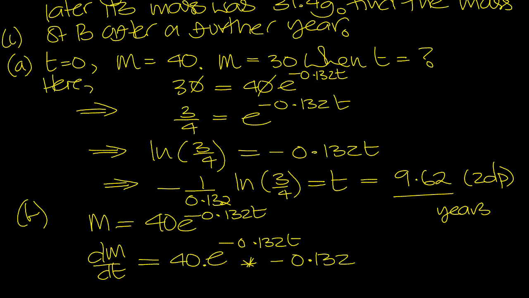Okay, so find that when t equals 5, 40 e to the minus 0.132 times 5 times minus 0.132. So let's work that out then.